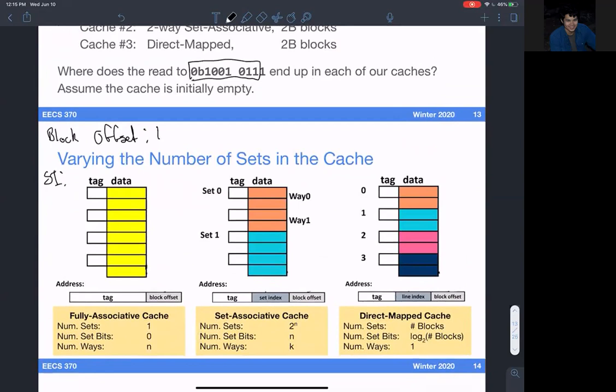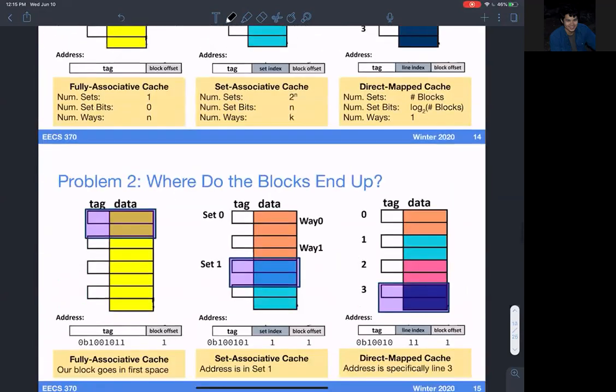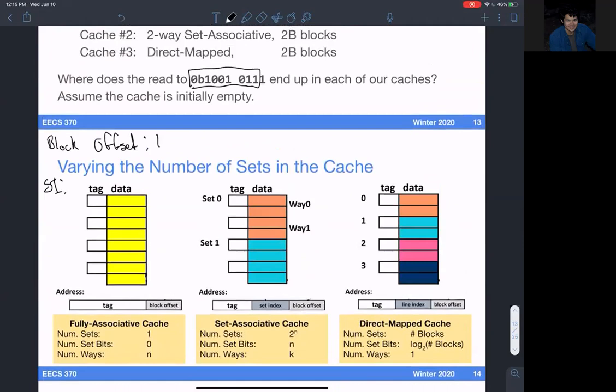So that means we're going to look up 0B10011011. And that is just going to be, let's see.